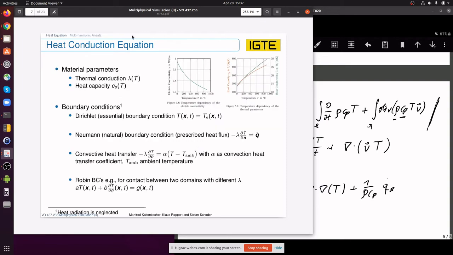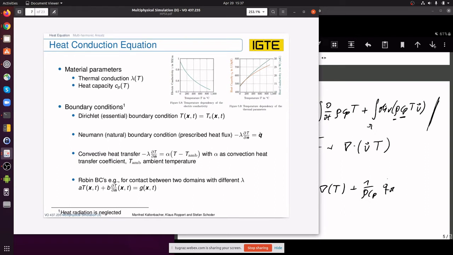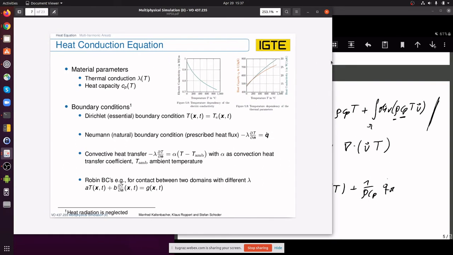Okay, then, as I've already mentioned, we have some solution dependency of our material parameters. We have a dependency of the thermal conductivity lambda, and a temperature dependency of the heat capacity.